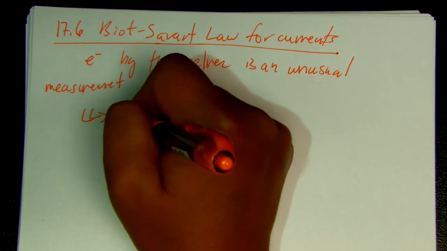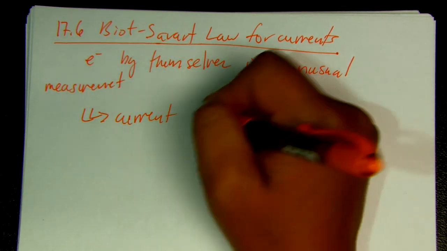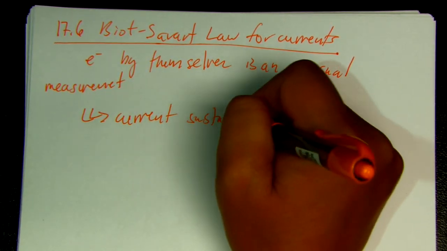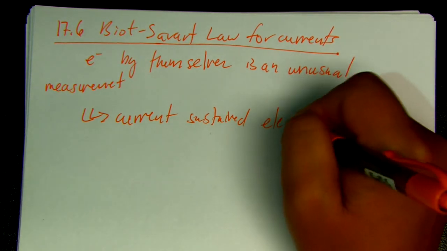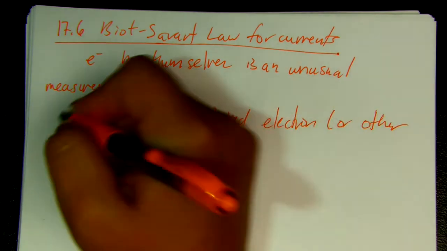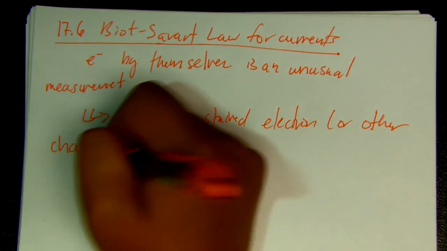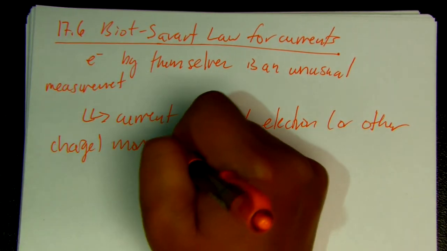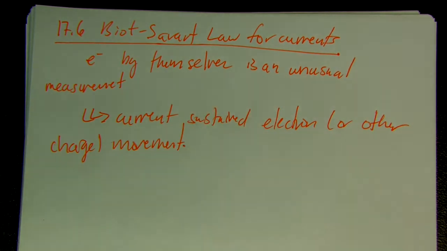So current is sustained electron or other charge movement. Okay, so we're going to see how this is done and then also how this relates to what we know about magnetic fields.